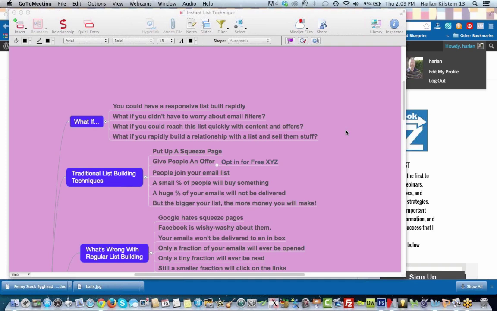And that's why everybody is seeing what we can do to get our email in. Now, what if you could reach this targeted list quickly with content that they want to hear about and offers that they would be interested in? And what if you rapidly build a relationship with this list and then you sell them stuff?